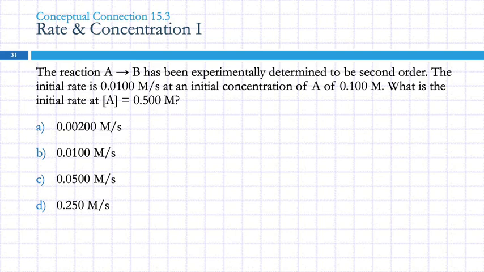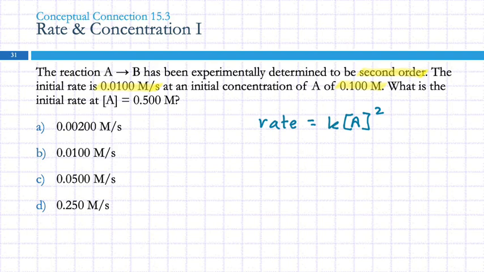So reaction A going to B has been determined to be second order. We've got the initial rate here at an initial concentration of 0.1 molar. What is the initial rate at 0.5 molar? So second order, the rate is equal to the rate constant times the concentration squared.